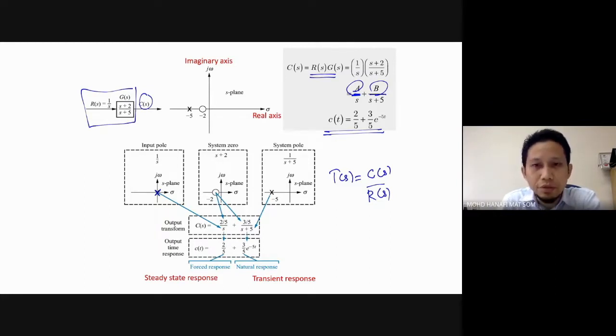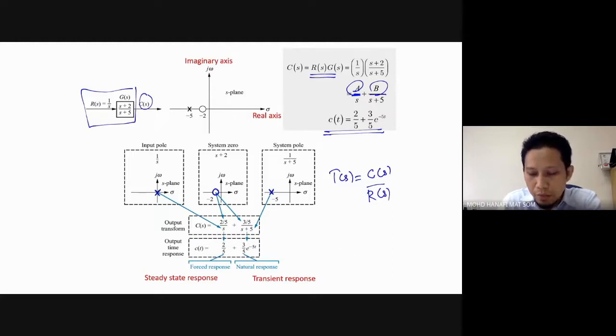For the system zero, you have negative 2, so you put it on the s-plane at negative 2, on the real axis. For the system pole, you have 1 over s plus 5, which you represent by the X symbol at negative 5 over here.